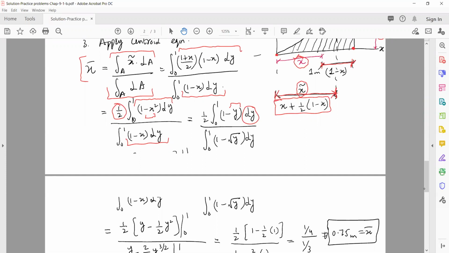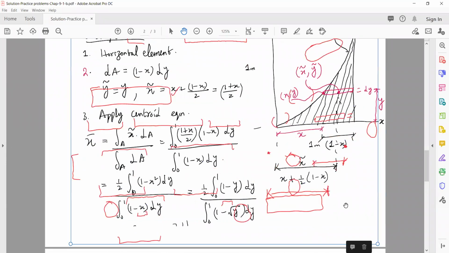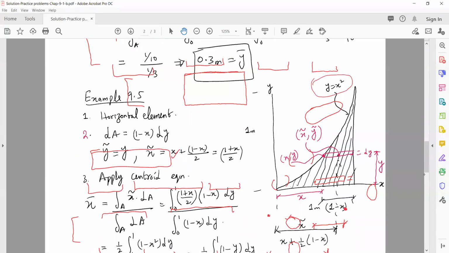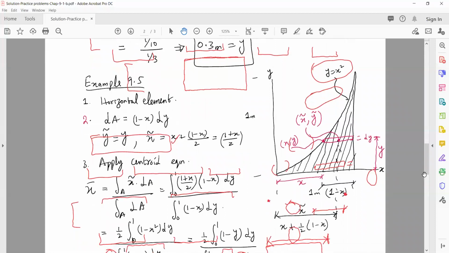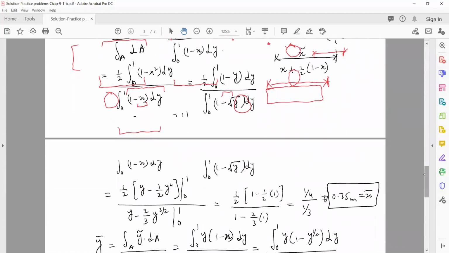Only then can we apply the integrals. In the denominator, put in the value of x, which is the square root of y, which we got from the function y equals x squared, so x equals square root of y. Now we get this.